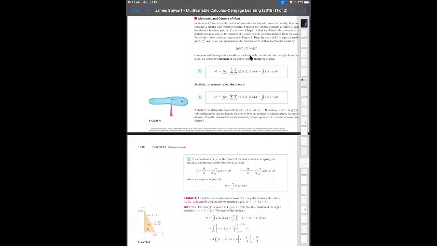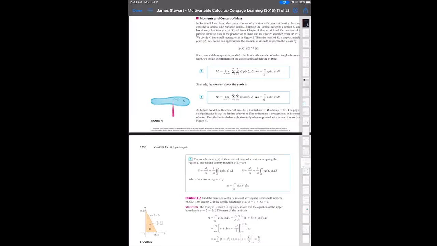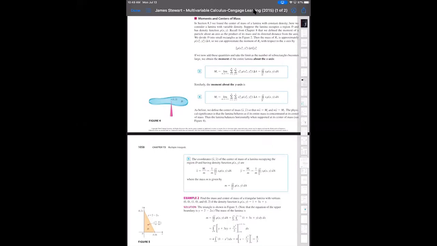No, I don't know which book you're using, but that's the exact same notation I'm using from the book. So, I don't know who sent me that message, but that's exactly the same notation.